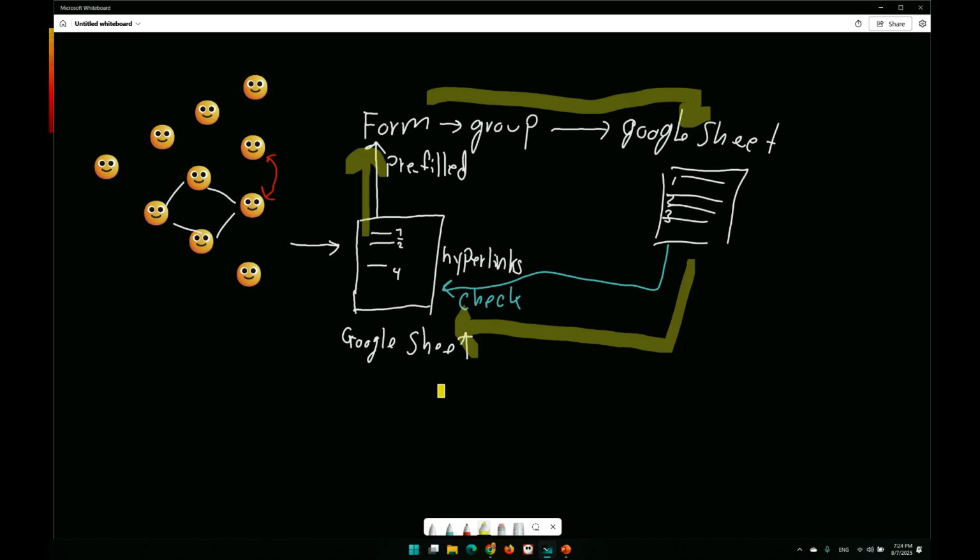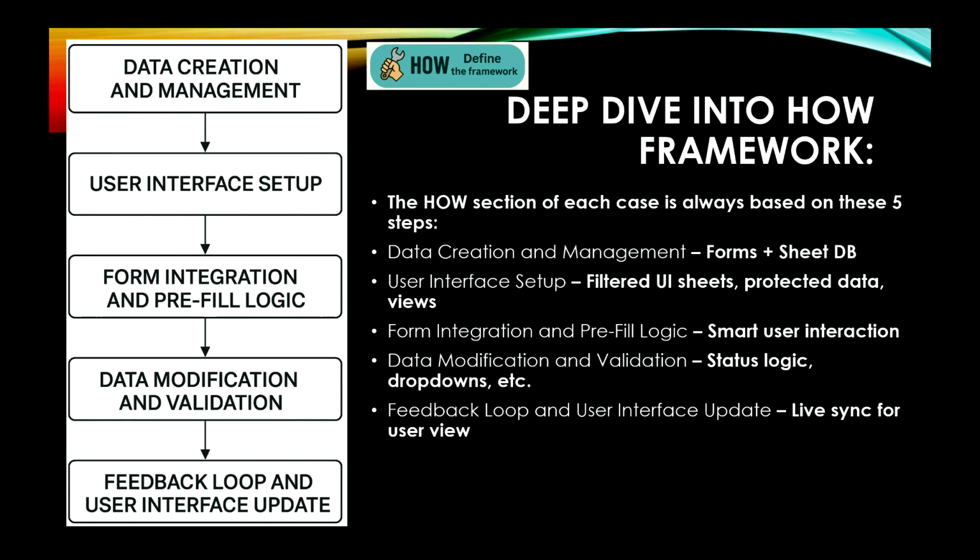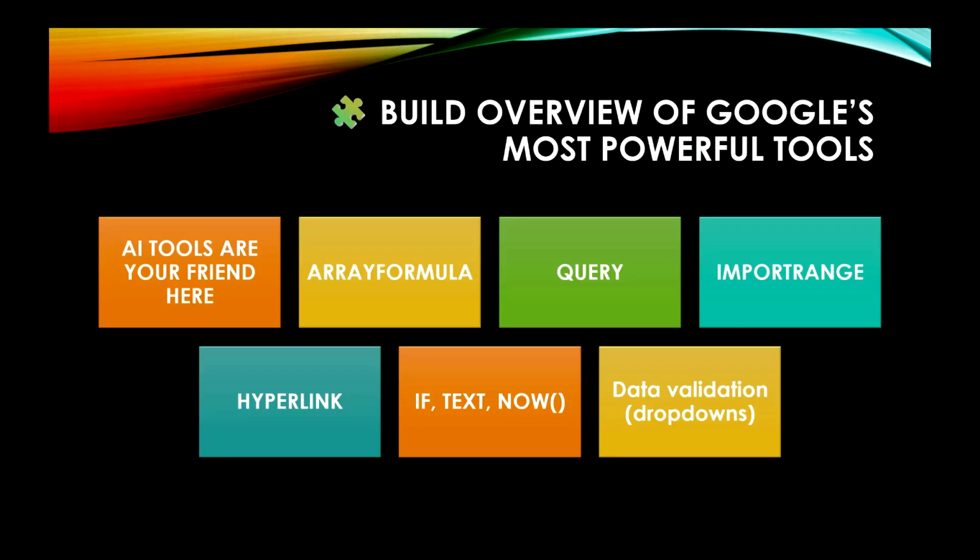Let's go ahead and jump back here. I want to reinforce a little bit here of our tools. So the array formula is a way to copy data from one sheet to another sheet. A query is a way to get some data from one sheet to another sheet. Import range is a way to get data from one sheet to another sheet.